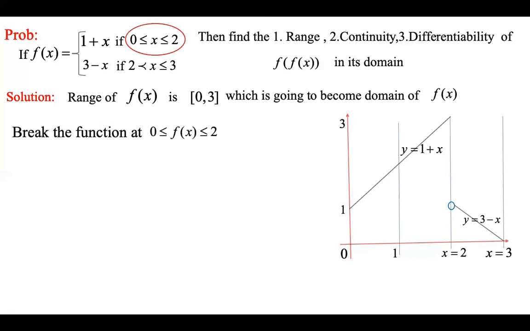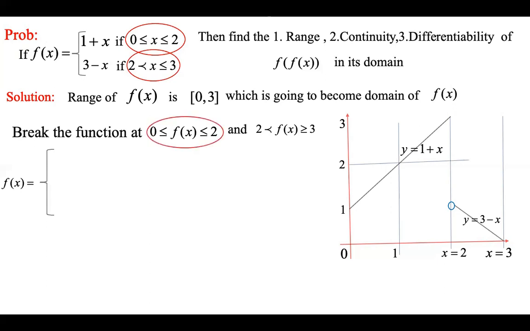Therefore, we are supposed to break when f of x is from 0 to 2, because the first piece is from 0 to 2. Similarly, the second piece is from 2 to 3, so we have to break when f of x is from 2 to 3. The pieces of breaking are that same given function f of x only. Further, I am breaking for my comfort.